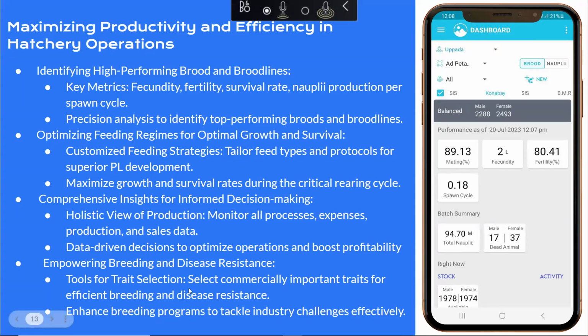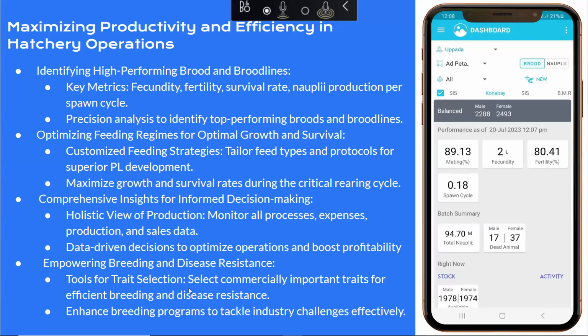Because usually the hatchery guy is limited to the information he has in his premises, that is his hatchery, from broodstock to PL6. Till here he has the information. From PL6 to the harvest, that happens at a different site, in a different geographic location, and is done by a different person.